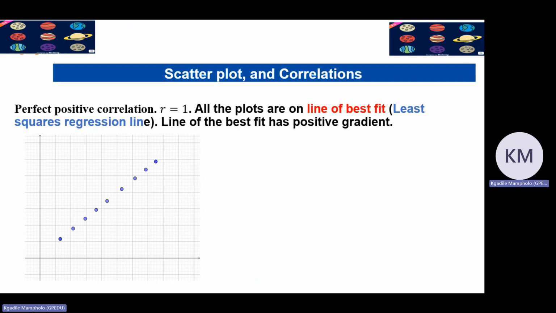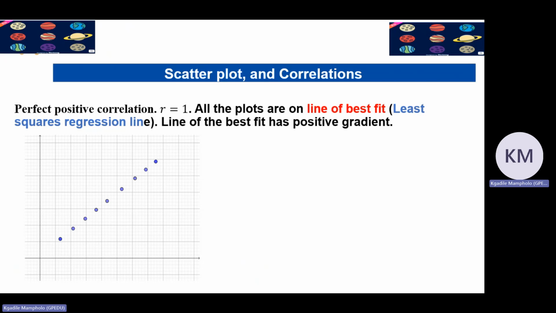But now, if you are asked to determine the strength of the relationship, or the strength of the correlation, it will be determined by how close the plotted points are to the line called the best fit line, or the least squares regression line.